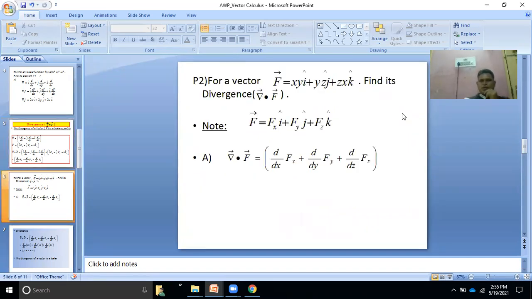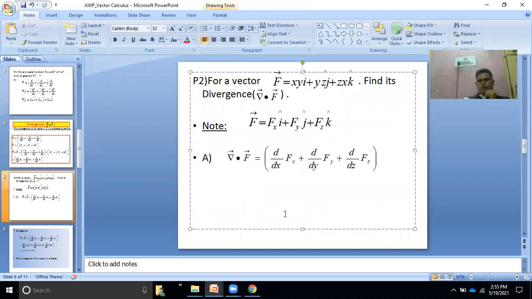Now find out, take this problem and note it down also.